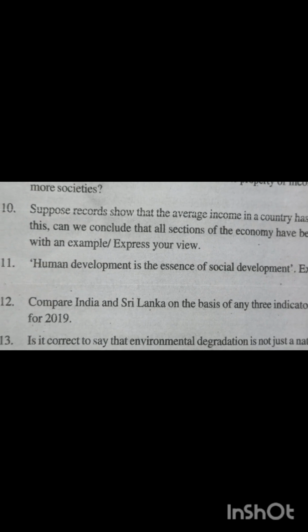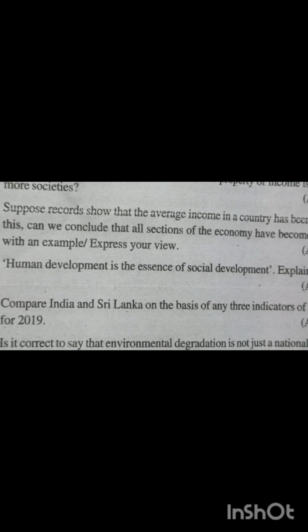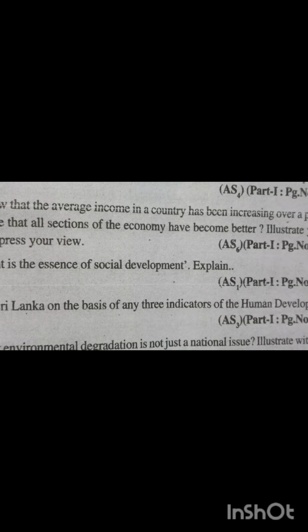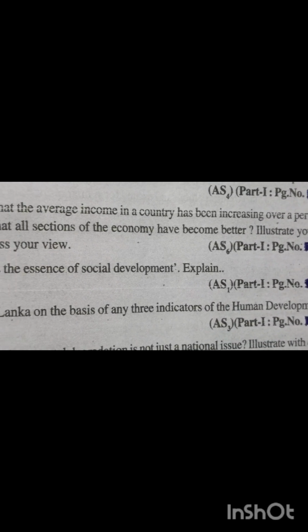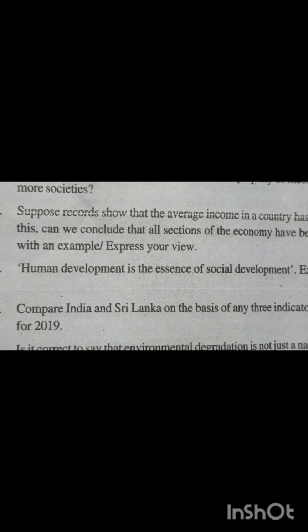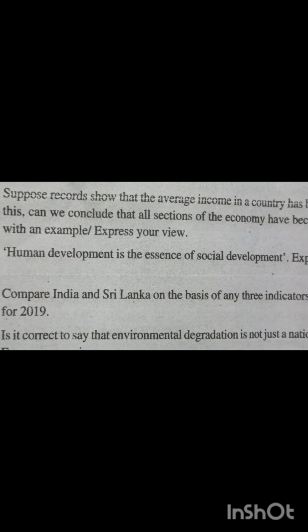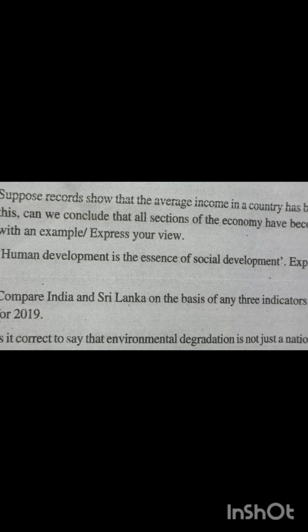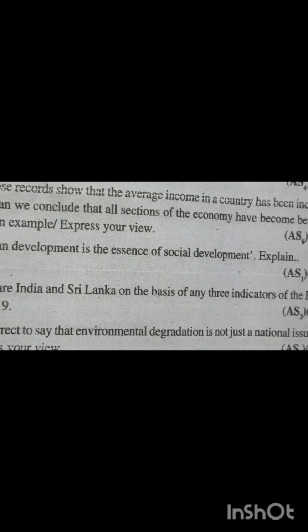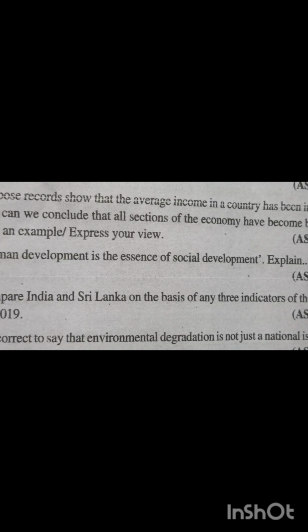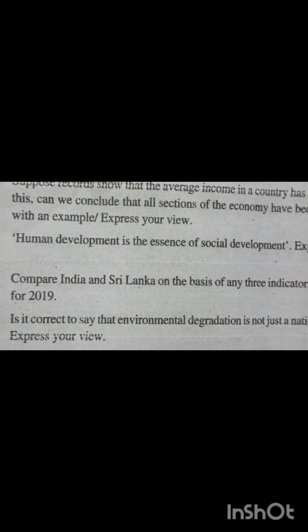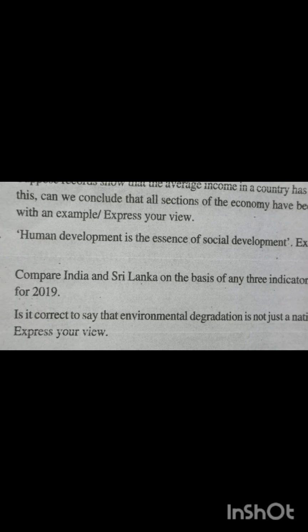Suppose a record shows that the average income in a country has been increasing over a period. From this, can we conclude that all sections of the economy have become better? Illustrate your answer with an example or express your view.